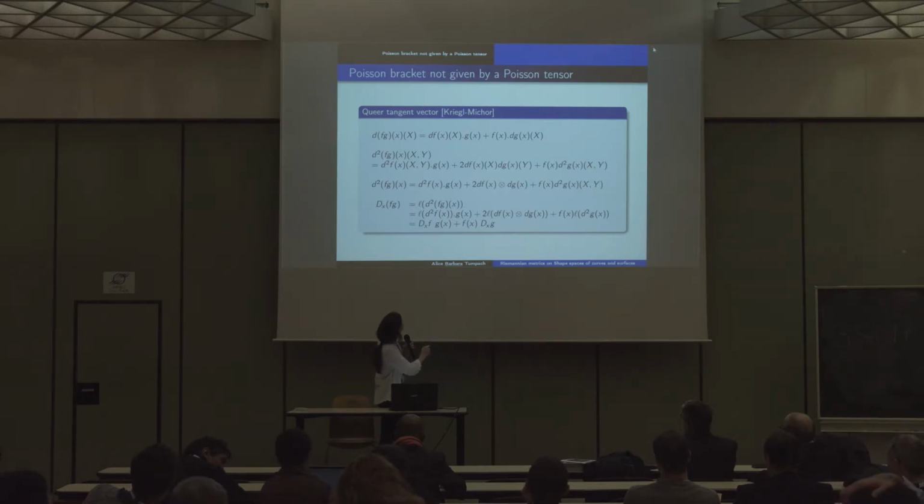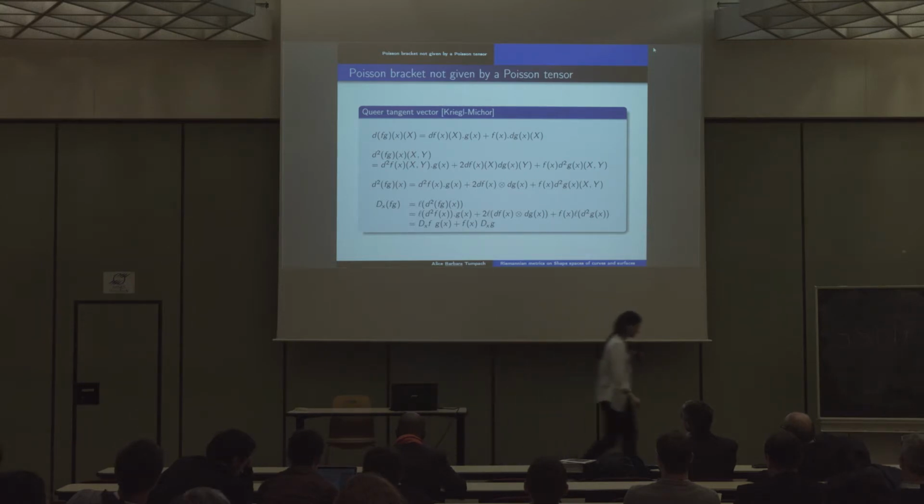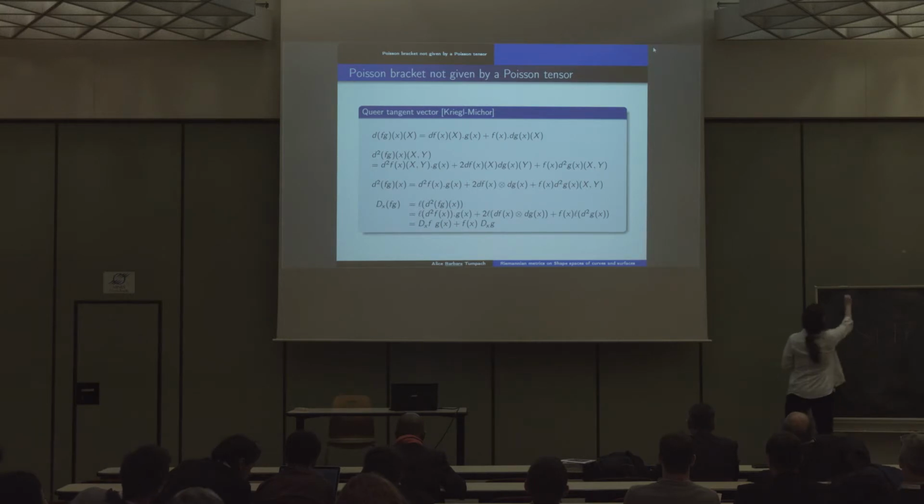But the crucial point is that you have something which looks like df tensor dg. And this is usually written like this.